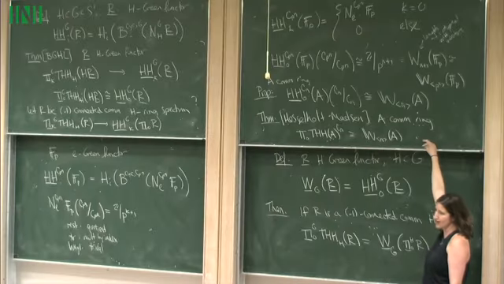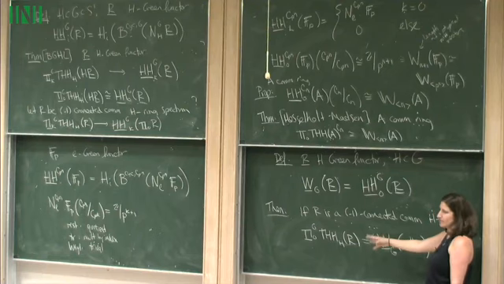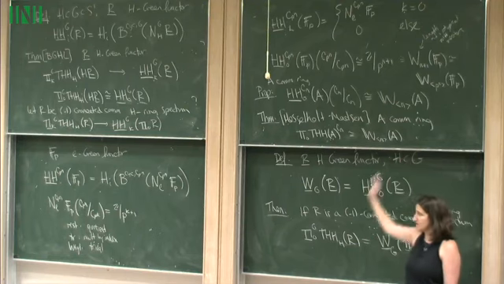You can think of the Hesselholt-Madsen result as the H is the trivial group version of this, and this is building off of this.